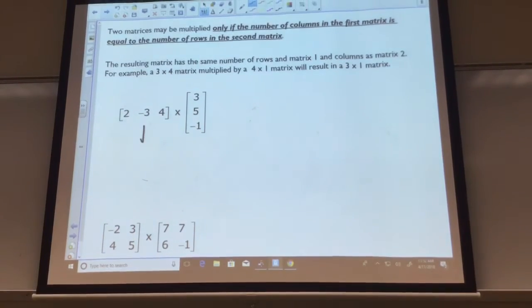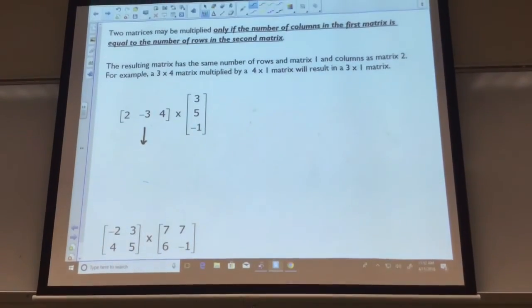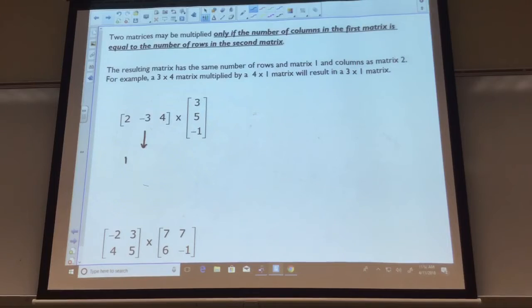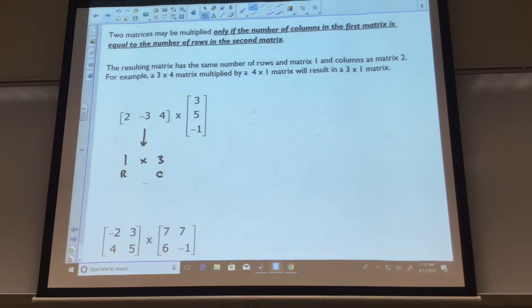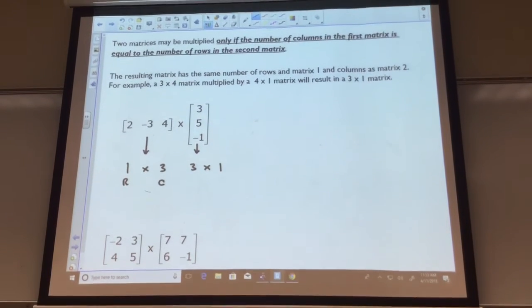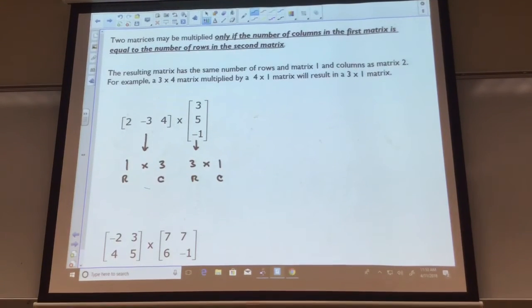This first matrix is what size? 1 row by 3 columns. 1 by 3. This second matrix is what size? 3 by 1, rows by columns.